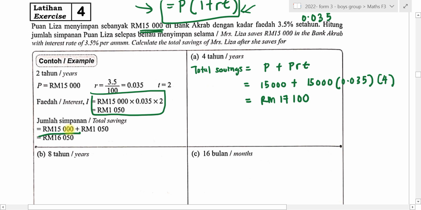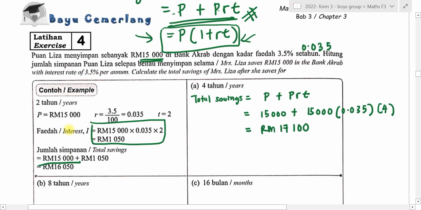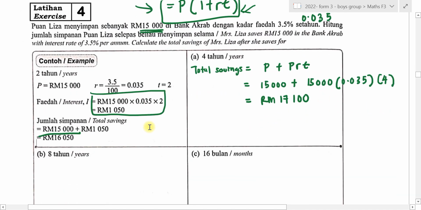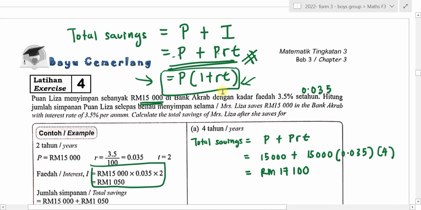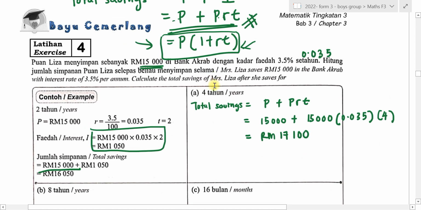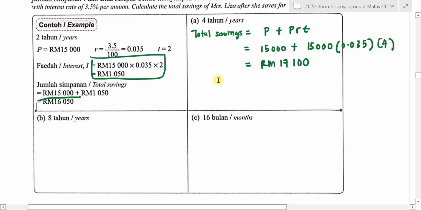But if you have this formula, you can straight away use P plus PRT. Easier. But you must remember, you must understand the question. The question is asking for total savings or only the interest amount. It depends on the question.